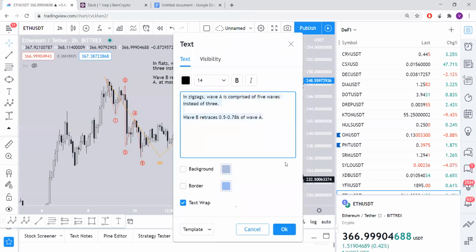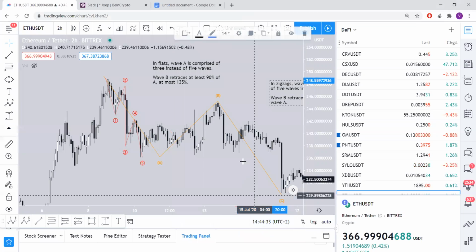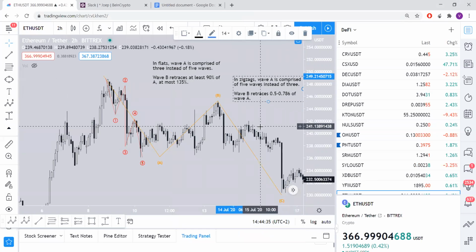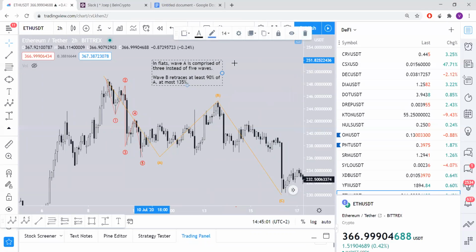Now, wave Bs can retrace only to the 0.382 level, but that doesn't always occur. If a wave retraces only to the 0.382 fib level, then it's probably an impulse. I would say most likely wave 4, but it still wouldn't invalidate the rules if it retraced only 0.382 instead of 0.5 or 0.618.